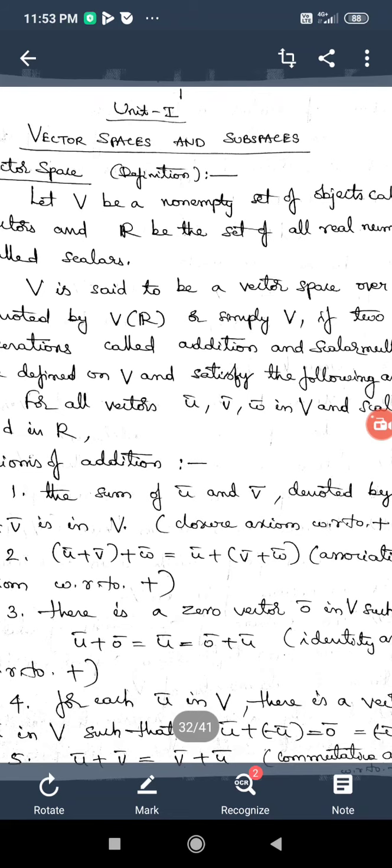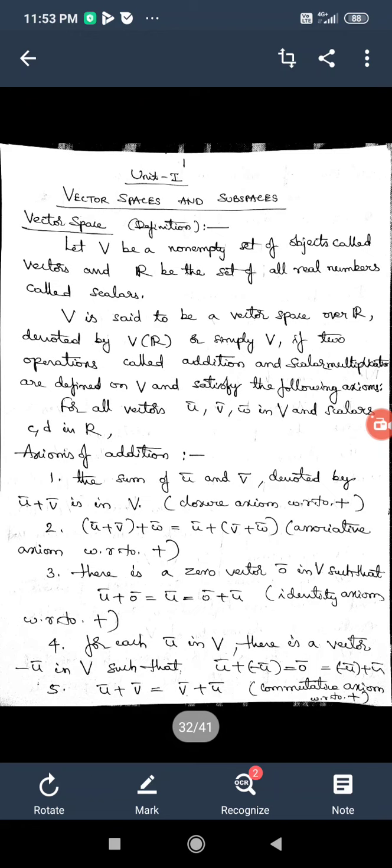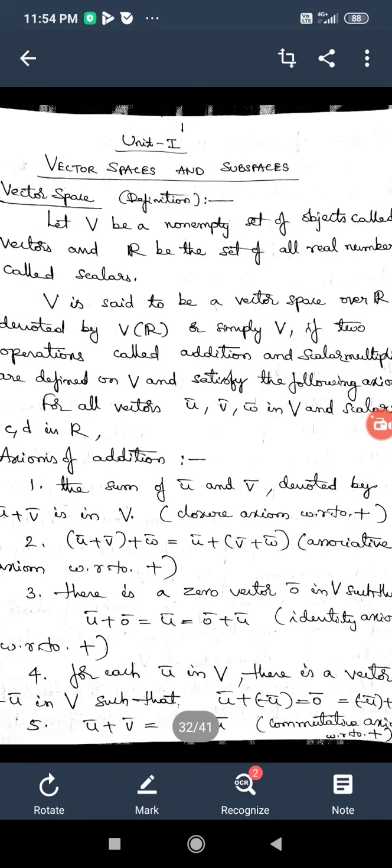This is called the identity axiom with respect to addition, and 0 bar is called the 0 vector in V, and by 0 vector we mean the additive identity in V.